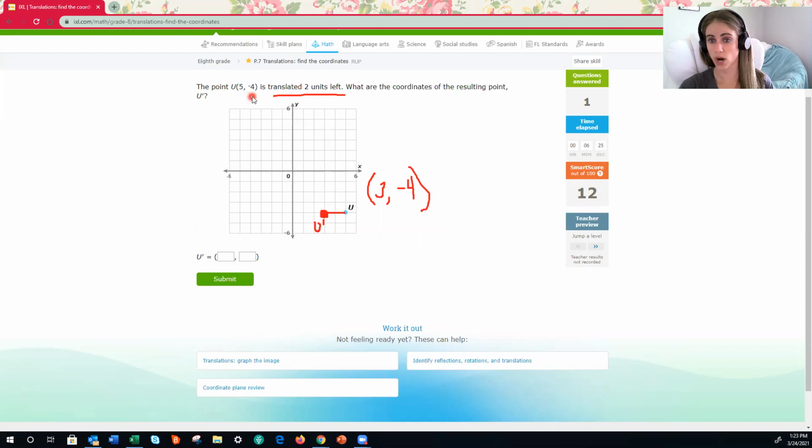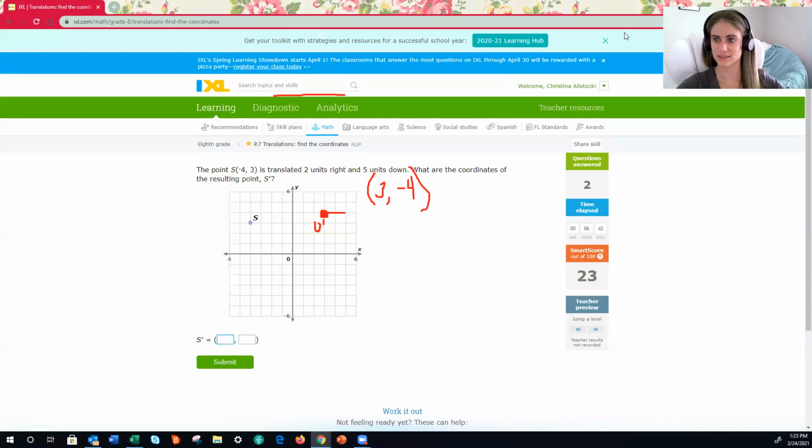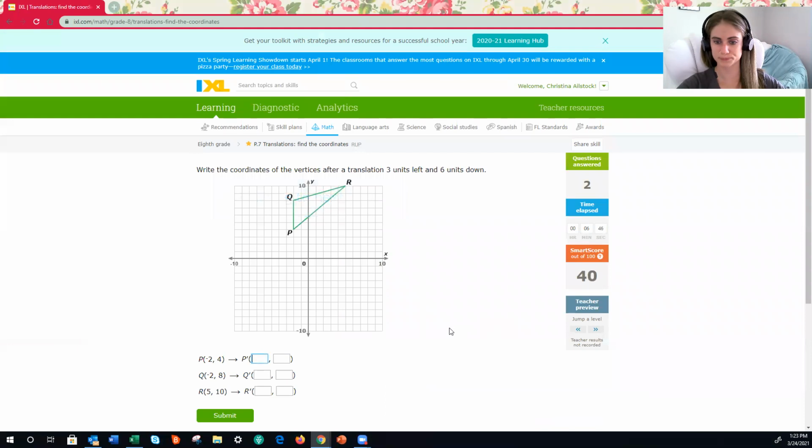And notice that the Y value stayed the same because it didn't move up or down any, just to the left. Our U prime is located at 3, -4. Good. All right, let's try one where we have a shape.